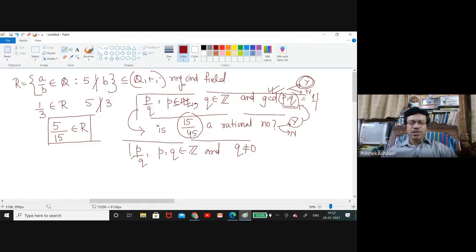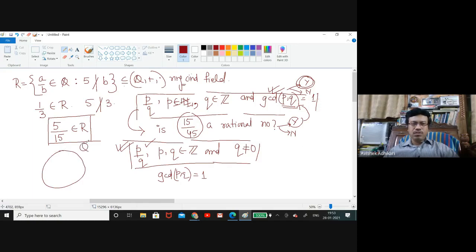Now the question you raised, how to get a unique representation: for that we should have GCD of P, Q equal to 1. For the definition of a rational number this is enough, but to get a unique representation we have this relation as you mentioned. So this is the set of all rational numbers.